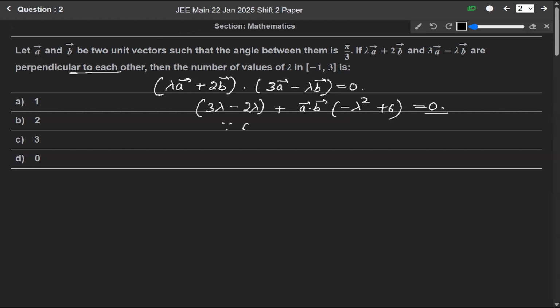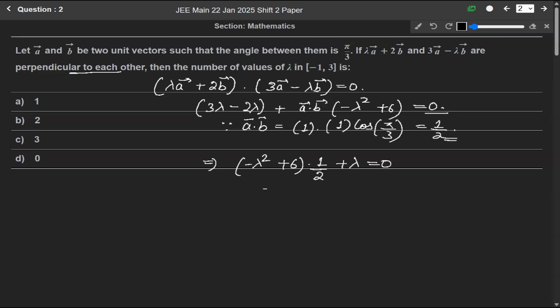So since A dot B is equal to 1 into 1 into cos pi by 3, it will be equal to 1 by 2. So this implies minus lambda square plus 6 into 1 by 2 plus lambda will be equal to 0. So this implies lambda square minus 2 lambda minus 6 equals 0 here.